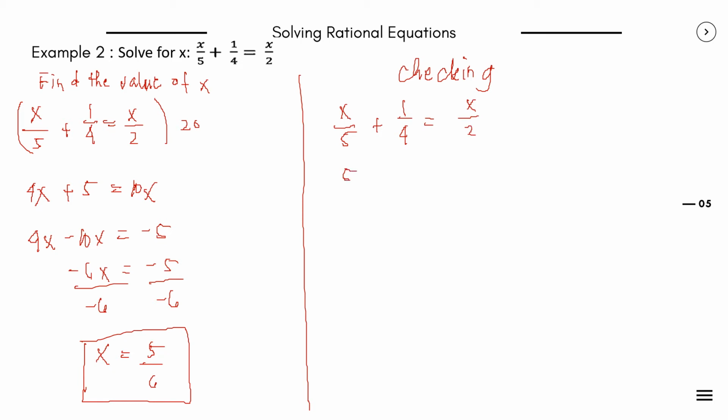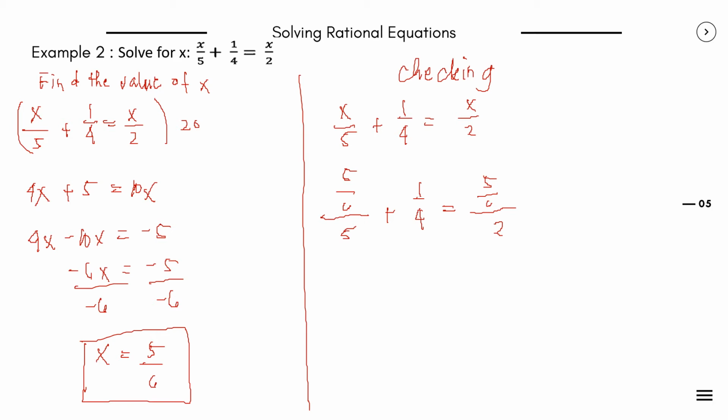So, 5 over 6 over 5 plus 1/4 is equals to 5 over 6 over 2. So, simplify ninyo ngayon siya. Paano nga ba mag-simplify? Pakita ko sa inyo. If you don't have any calculator, you can use yung pinaka-basic. So, mano-mano natin siyang i-simplify.